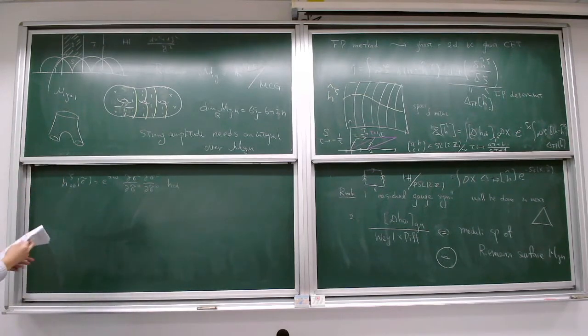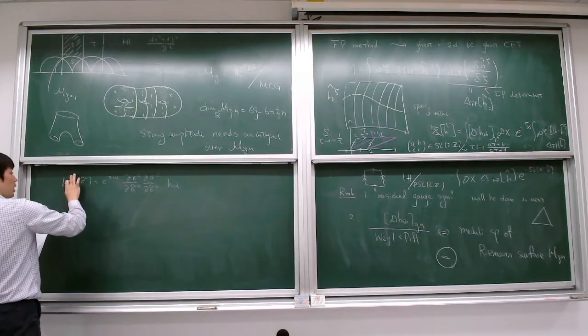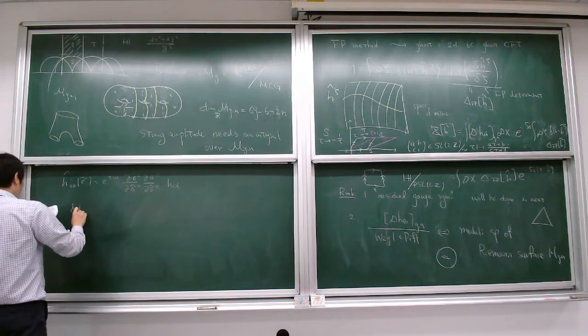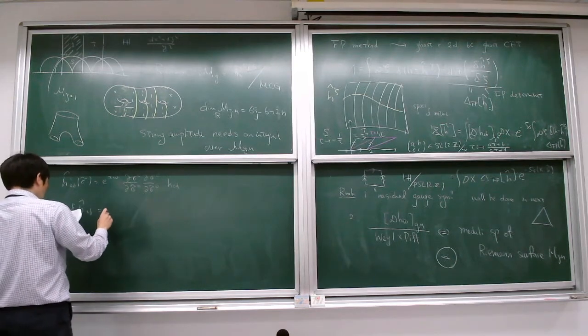And let's look at the infinitesimal version of this transformation. Let's take h hat. So delta h hat AB is just an infinitesimal version of this transformation.